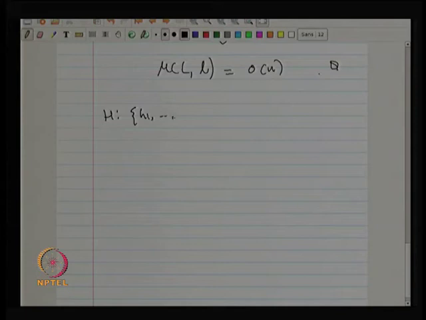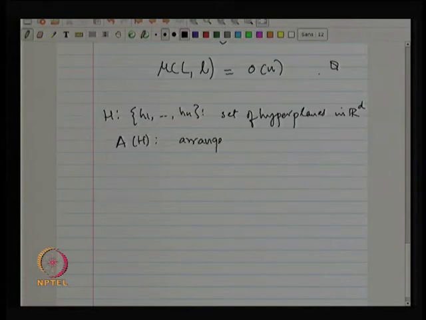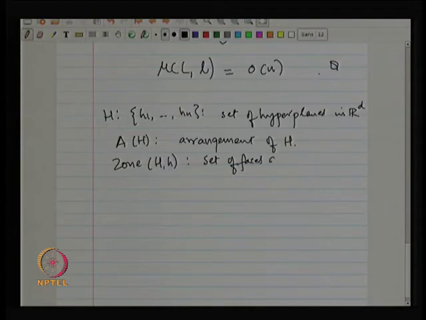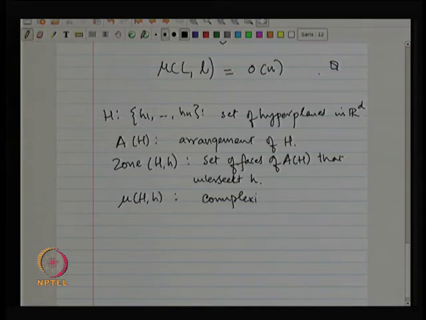And so, you can talk about, let us say H is a set of hyperplanes in d dimensions, and you can talk about the arrangement of H, and then we can also talk about the zone of a hyperplane, and again you can talk about the complexity as the number of vertices or some convenient way of talking about it.